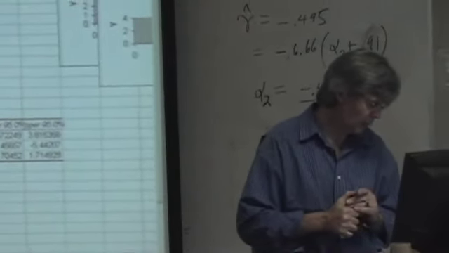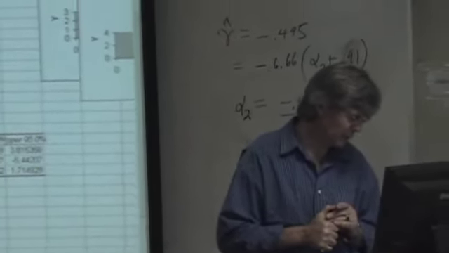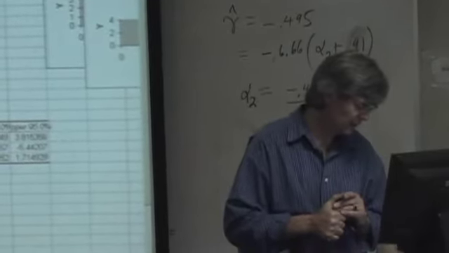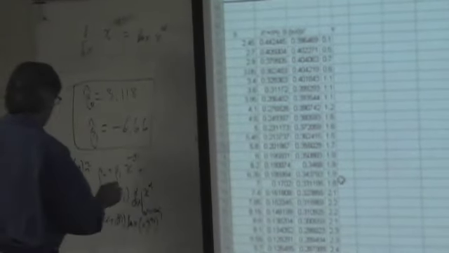Yes, there was a beta 1. D by d alpha of beta 0 plus beta 1 x to the alpha, I see. Plus, I should have had d by dx of beta 0 plus beta 1 x to the alpha.